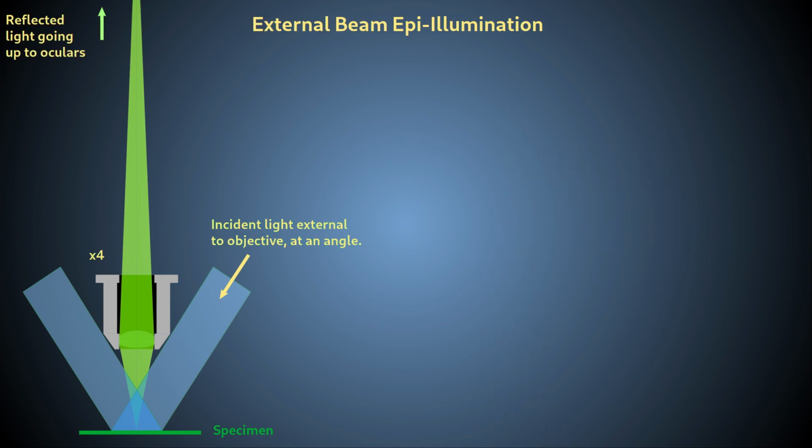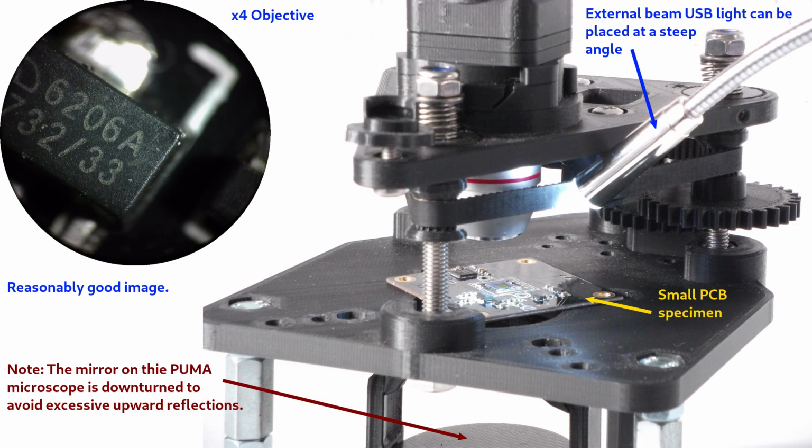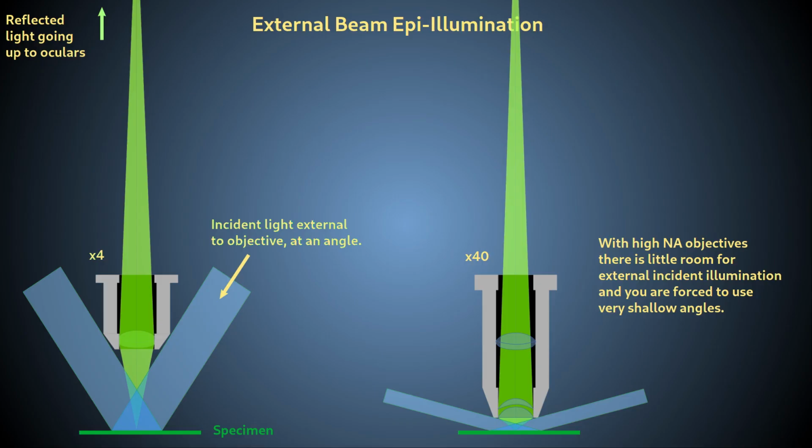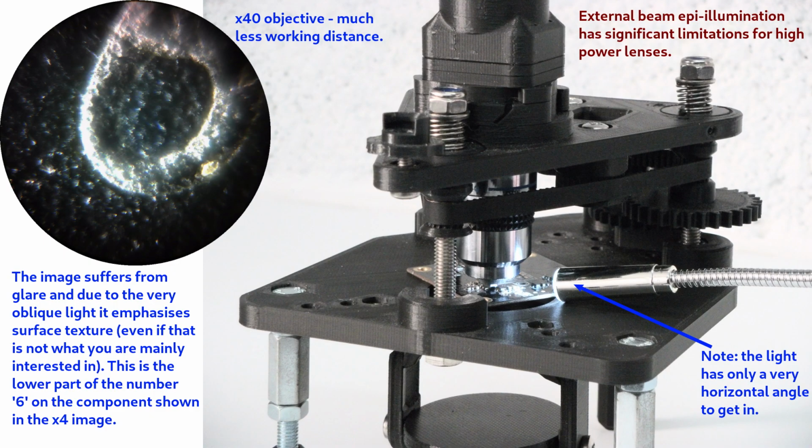External beam Epi-illumination is easy to achieve by shining a lamp to one side of the objective and needs no special optics. However, this is difficult for higher magnification objectives due to the limited working distance space for the light to get on the sample, and this also restricts the angle of illumination. This type of Epi-illumination will not be discussed further.